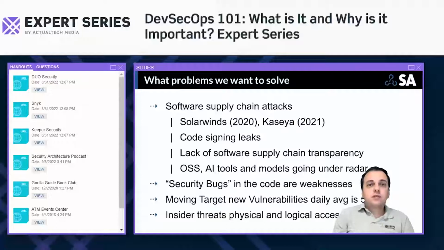We need to treat security bugs in the code as weaknesses, and we need to be able to identify them and map them to known frameworks and standards, such as OWASP Top 10 and MITRE CWE Top 25, and then prioritize their exploitability and fixes.